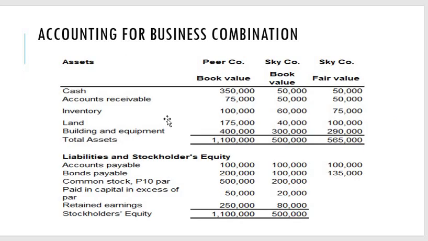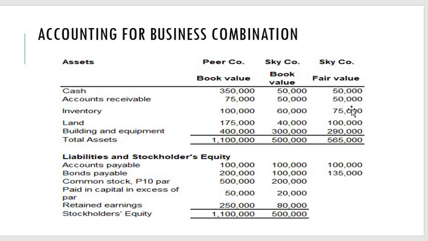We have here the separate FS of Peer Company before the acquisition, and then also the balance sheet of Sky Company before the acquisition, and also the fair values of the assets and liabilities of Sky Company at the date of acquisition. Take note that Peer is the parent, and Sky is the subsidiary or the acquiree.